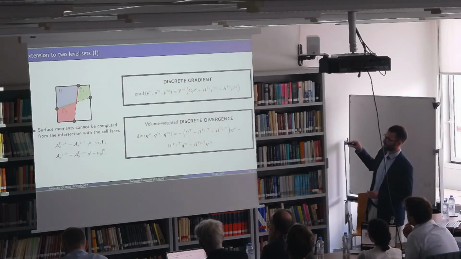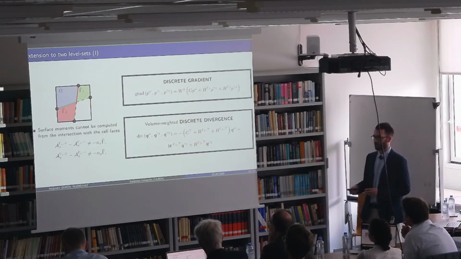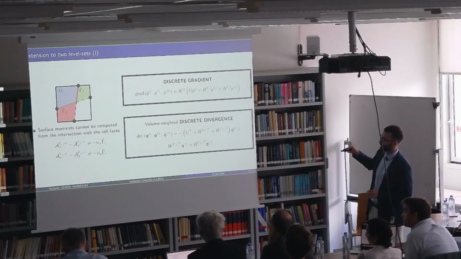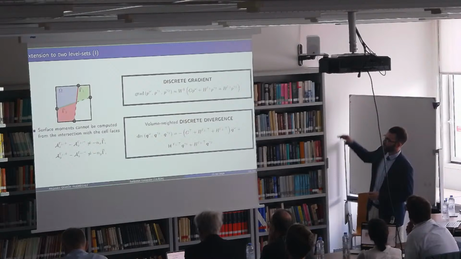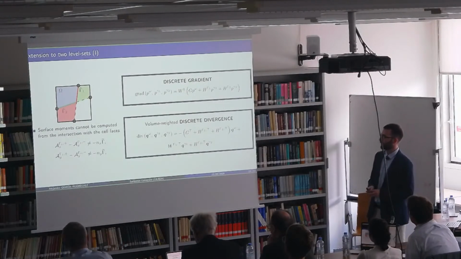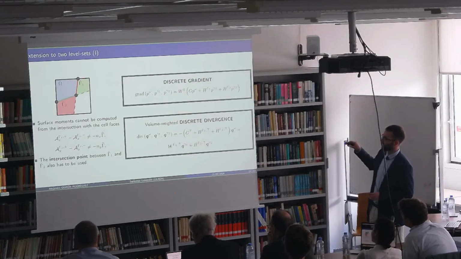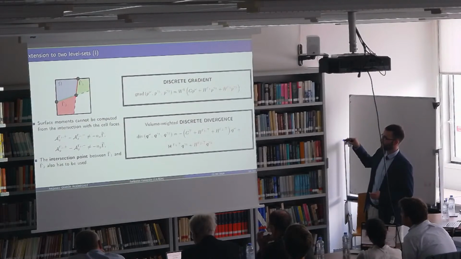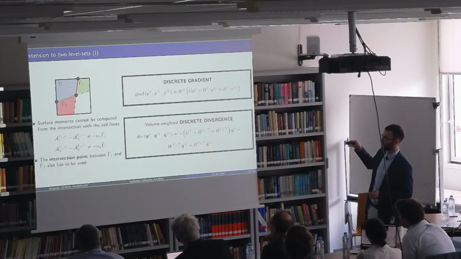Because if we consider this case, where the blue shaded area is the liquid phase where we are solving our equations, then if we consider these points to compute our surface moments, the length of the interface that we will be considering will include both the solid and dashed part of the lines. Therefore, apart from those points, we also have to consider the point where both interfaces cross. This way, the length that we consider includes just the solid part and not the dashed part.